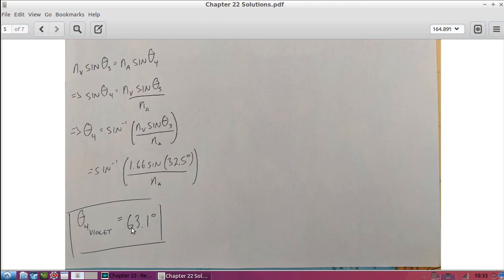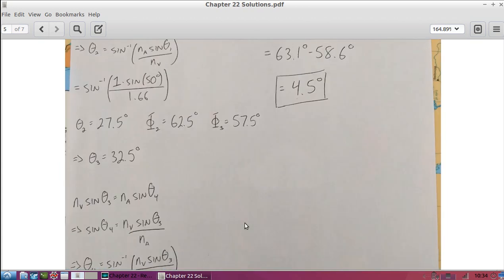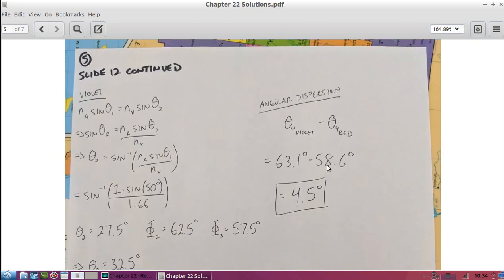So we've got a larger refracted angle, higher index of refraction for violet. Violet light is dispersed farther than the red light, so we're just looking for the difference in the final refracted angle. So we take 63.1 degrees and subtract the final refracted angle for red from that, and we get the angular dispersion.